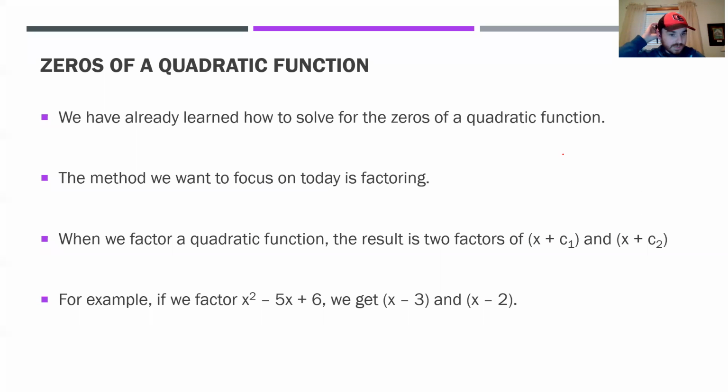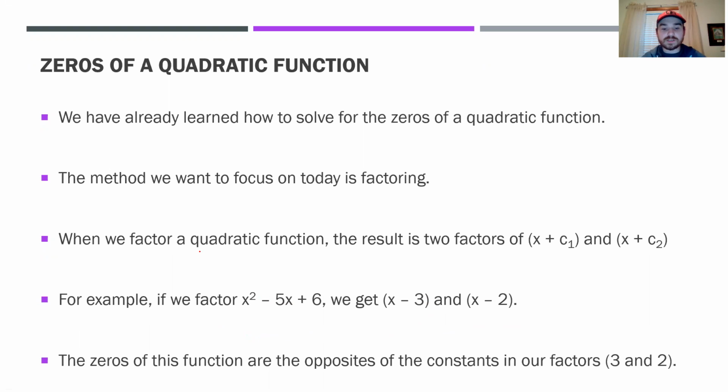For example, if we factor x squared minus 5x plus 6, we get x minus 3 and x minus 2. So x minus 3 times x minus 2, we can refactor that out. We'd get x squared minus 3x minus 2x plus 6. Minus 3x minus 2x is minus 5x. So we get back to where we started.